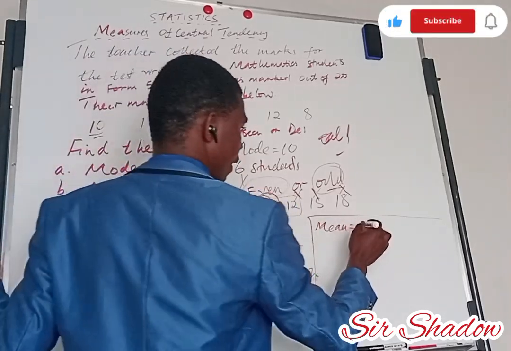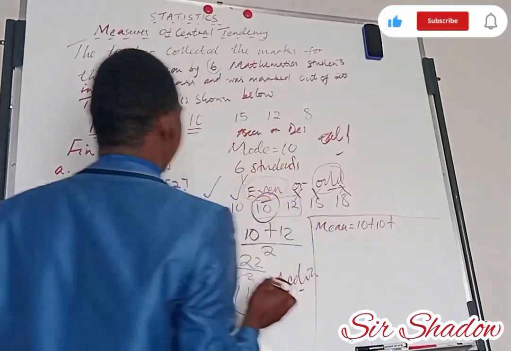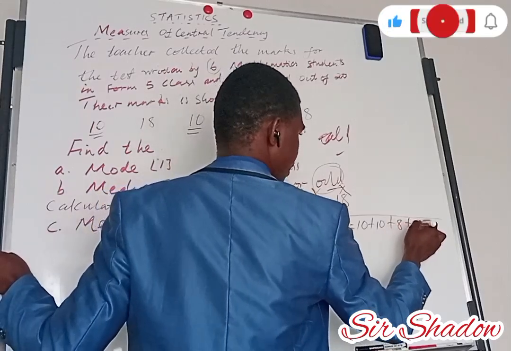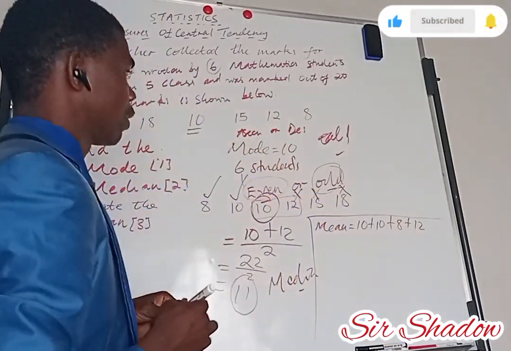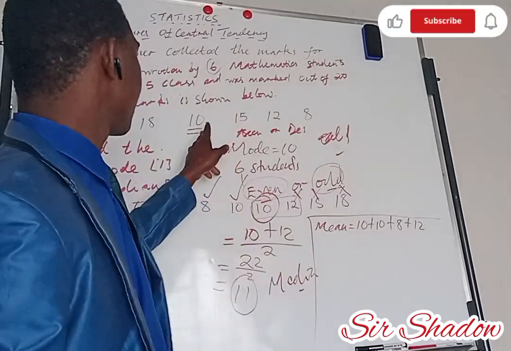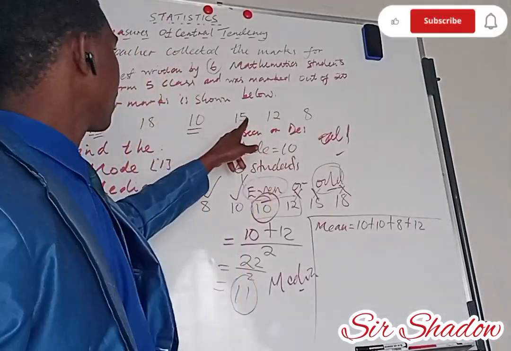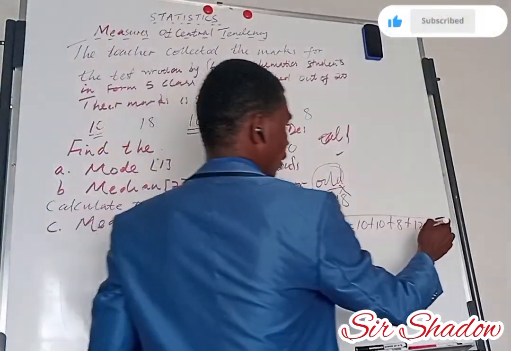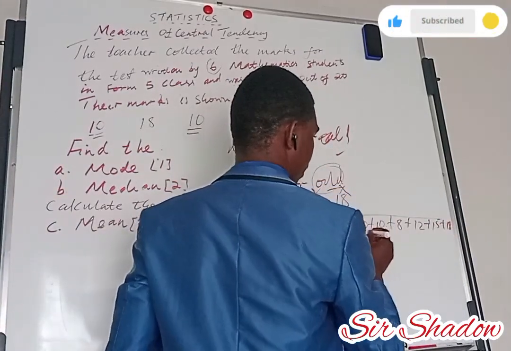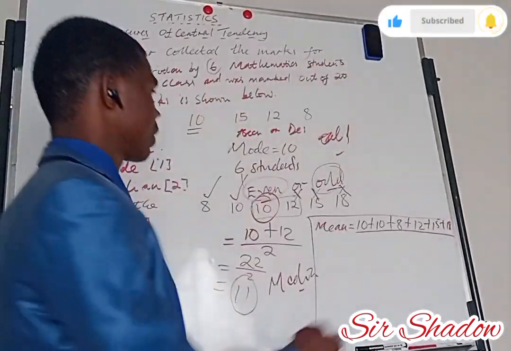So for the mean, we have 10 plus 10 plus 12 plus 8 plus 15 plus 18, then divided by the number of students who wrote the test, which is 6.